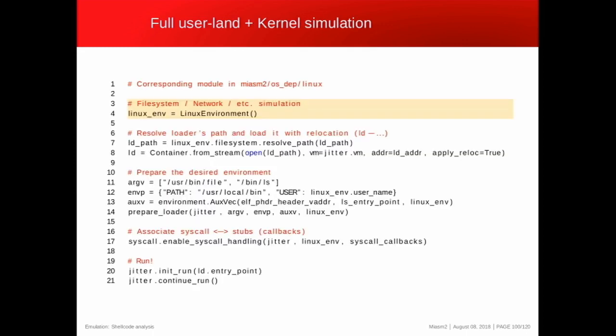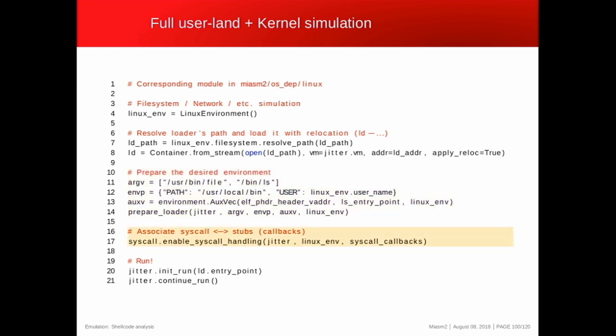Only on Linux for now. So, for instance, we create a Linux environment which simulates the file system, the network, etc. Everything is simulated, so we have to get the loader back inside the sandbox, map it, relocate it, and prepare the environment: the arguments, the environment variables, the auxiliary vectors, etc.